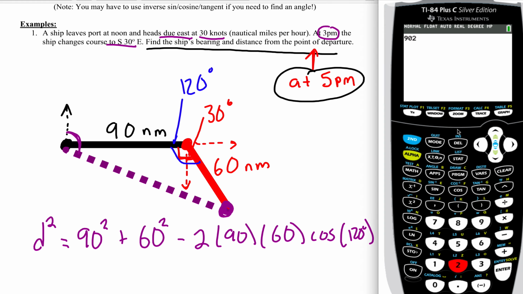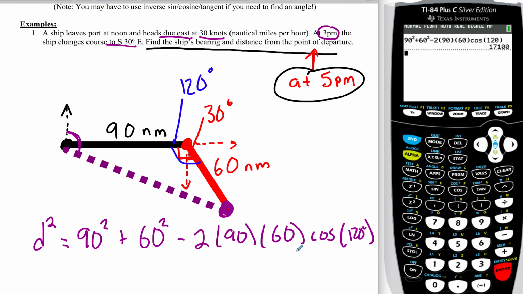Now I'm going to use my calculator: 90 squared plus 60 squared minus 2 times 90 times 60 times the cosine of 120. And we get exactly 17,100. I think that's owing to the fact that 120 is a special angle. We haven't learned that, but that is true.